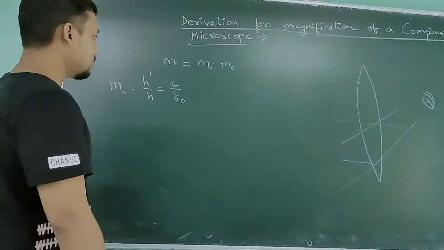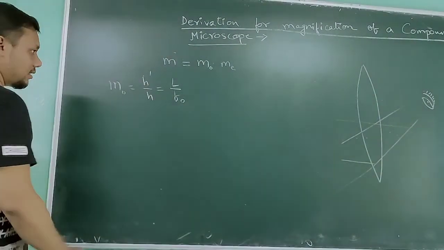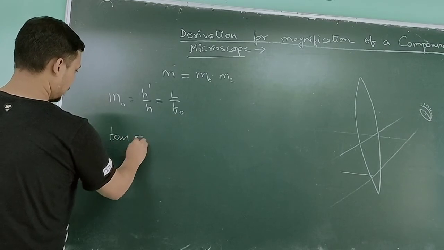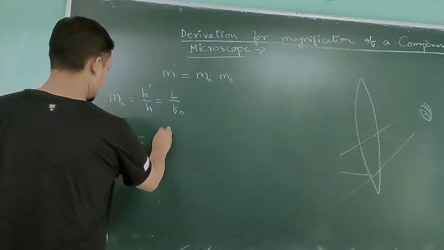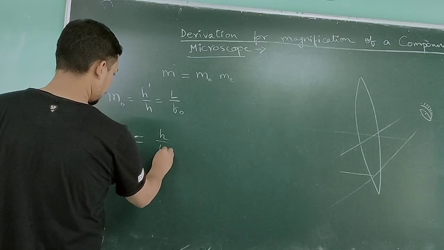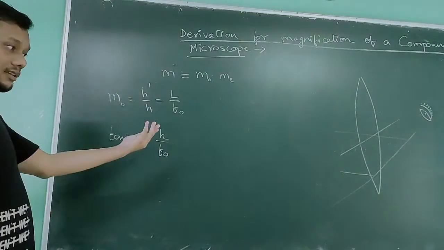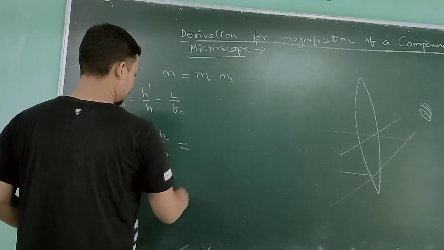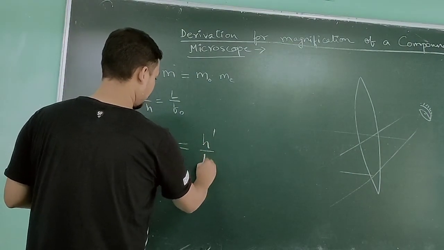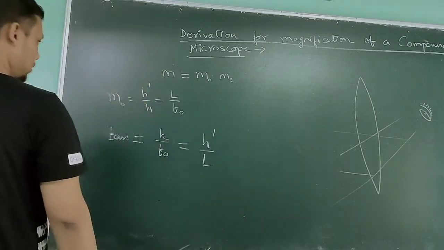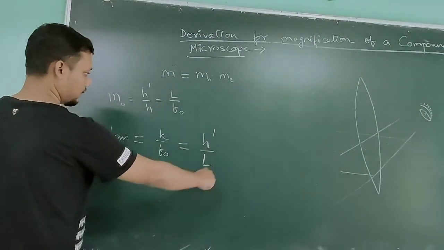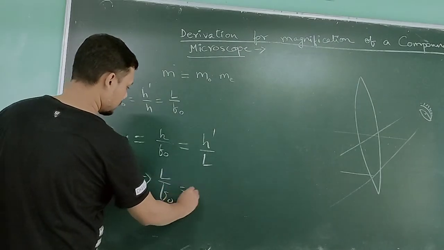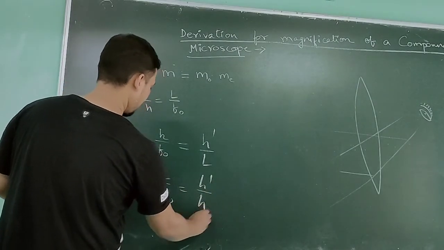This relation is correct because in the diagram, if we see, tan beta is equal to h by F0 on one side, and on the other side of the lens, tan beta will be h dash by L. And from here, if we do cross multiplication, we get L by F0 is equal to h dash by h.